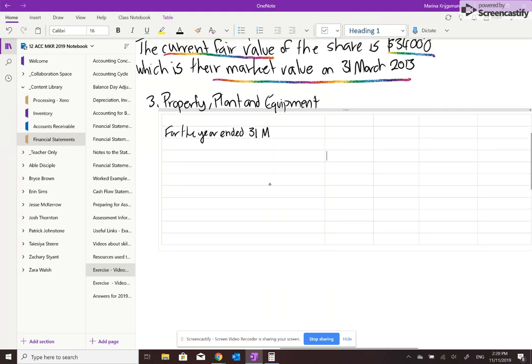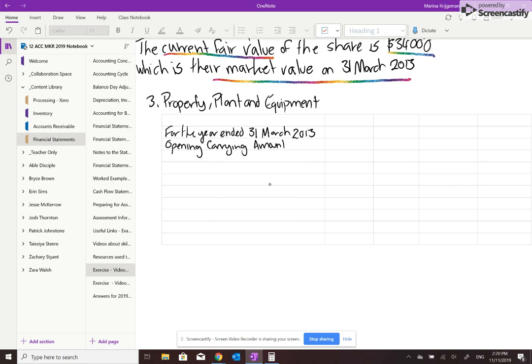31 March 2013. So remember you've got your top half, which has got our opening carrying amount, and we usually work from the bottom. Okay, so we've got our opening carrying amount, we've got our additions, take away our disposals. So additions are anything we purchase, disposals are anything we get rid of. We want to put in the depreciation for this year, and then we want our closing carrying amount.